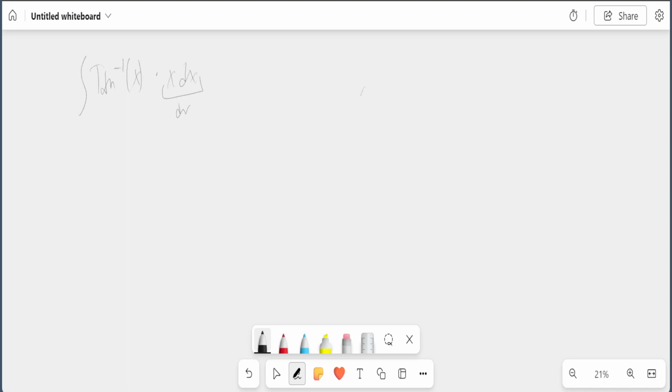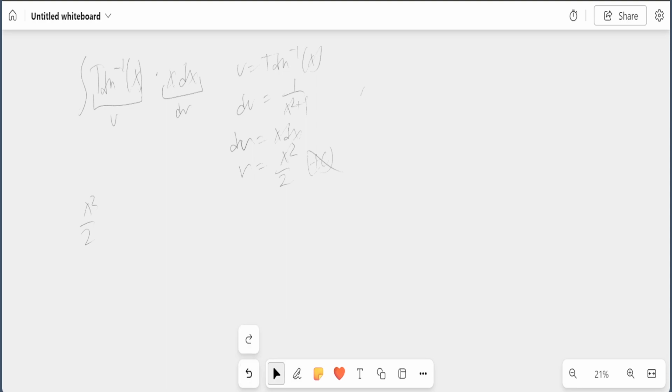So this is what you did, or am I? Yeah. Okay, so du is equal to 1 over x squared plus 1, dv is equal to x dx, v is equal to x squared over 2. Okay. So uv, x squared over 2 times tangent inverse x.